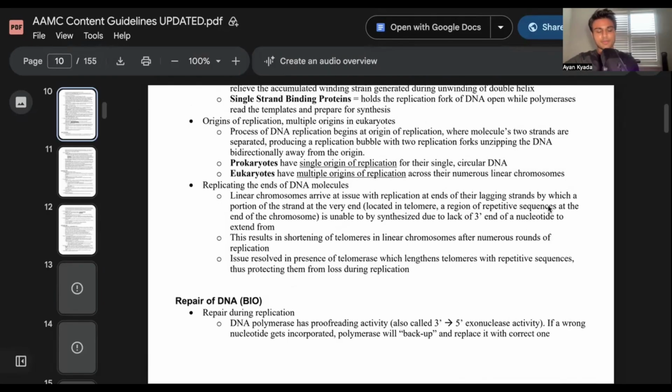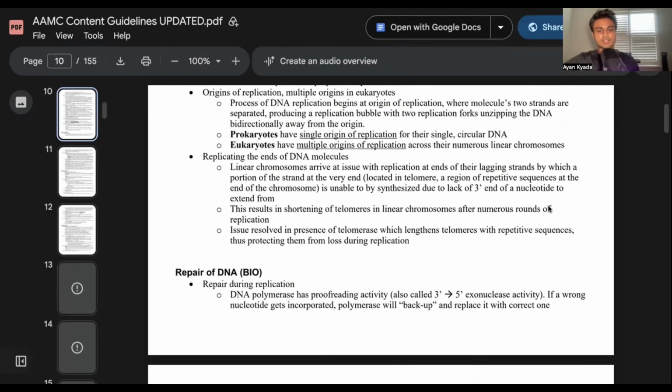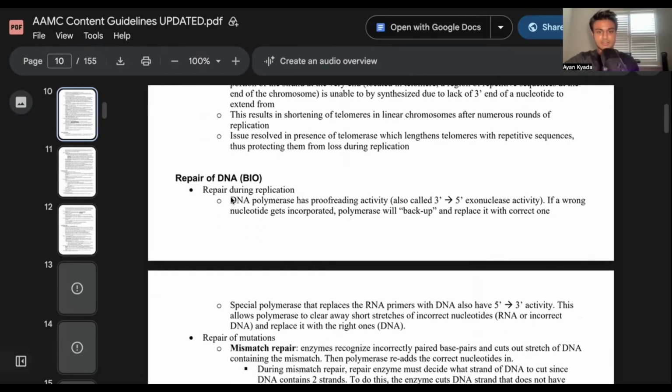Now that we thoroughly understand the process of DNA replication, let's take a deeper dive, a closer look at the repair mechanisms during and after DNA replication. I've already mentioned that DNA polymerase has proofreading activity, and that is known as 3' to 5' exonuclease activity. A good way to remember this is that DNA synthesis always occurs in the 5' to 3' direction.